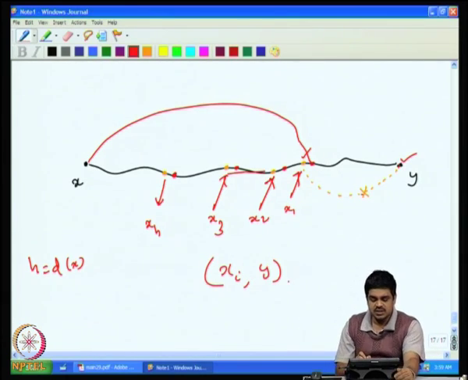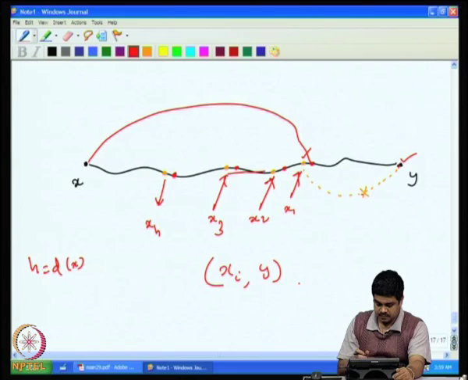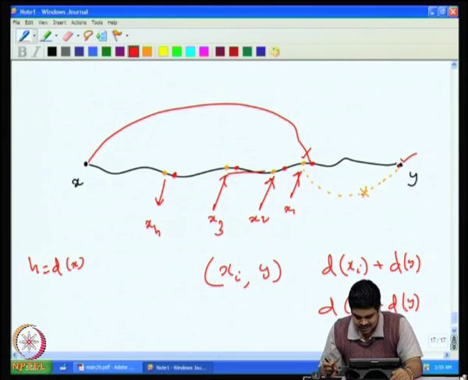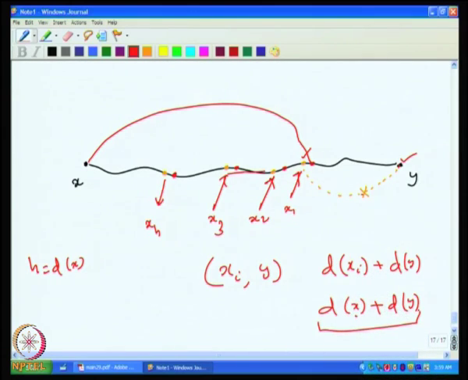So, we could have considered the degree of xi plus the degree of y instead of dx plus dy, but we saw that x and y were selected such that the sum dx plus dy was maximized. So, what can we tell about this?